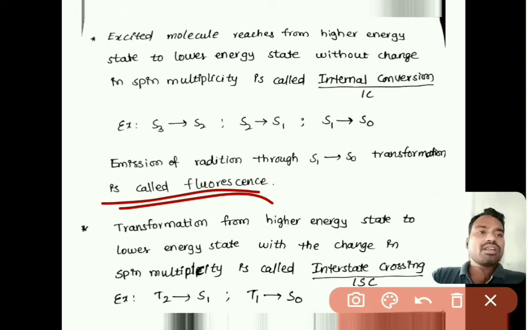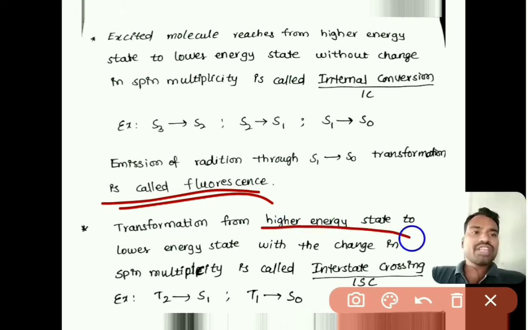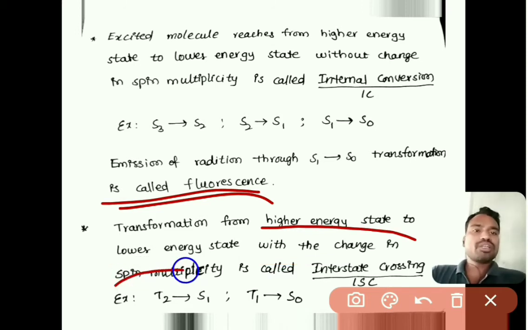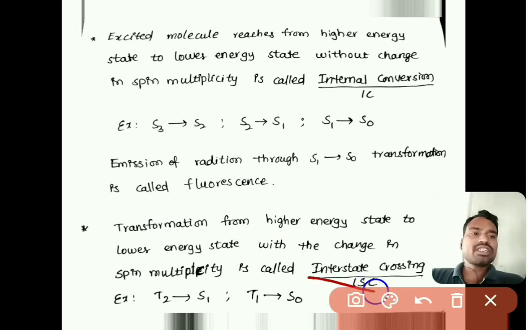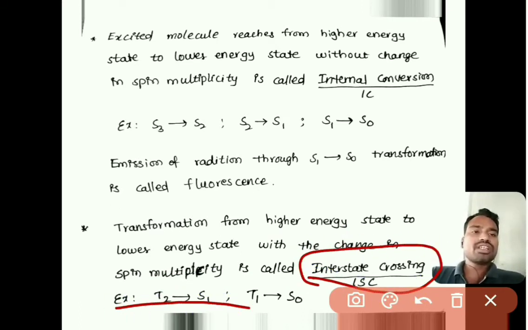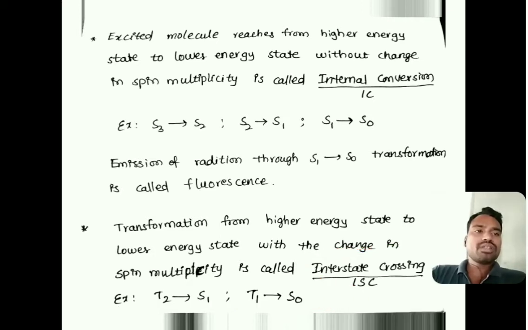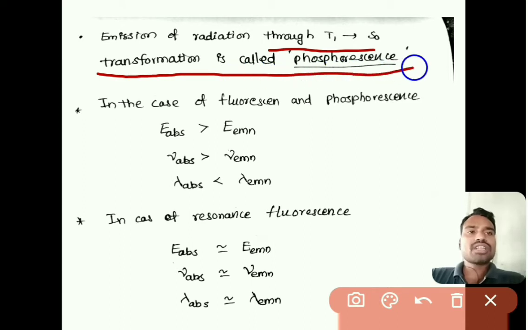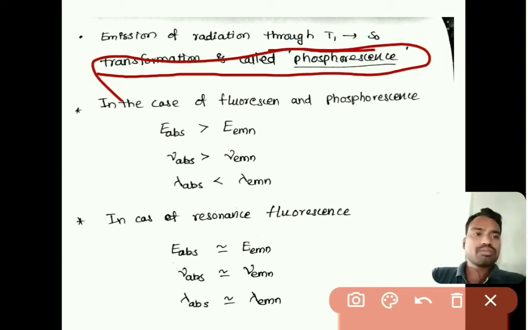And the transformation from a higher energy state to a low energy state through a change in spin multiplicity is called intersystem crossing, that is ISC. We have discussed, that is T2 to S1, T1 to S0. So the radiative transformation from T1 to S0 emits energy, that is called phosphorescence.